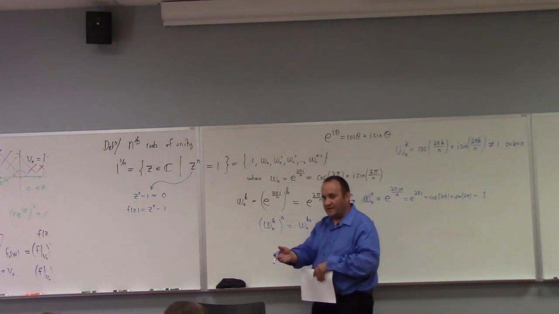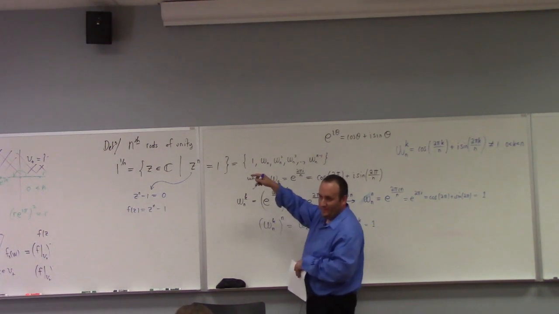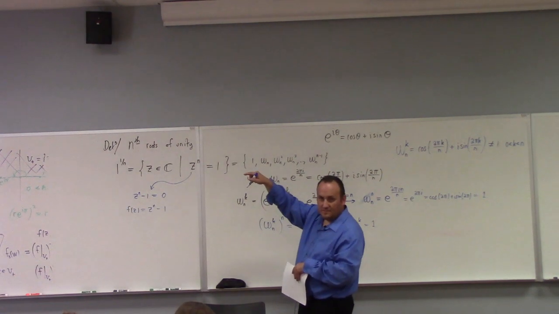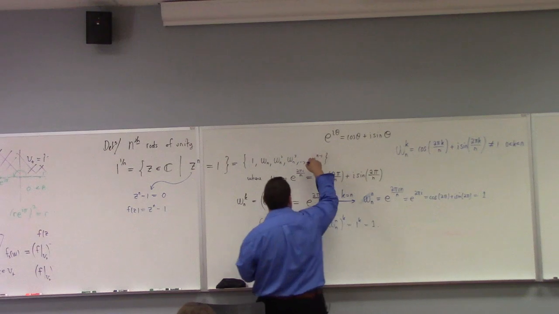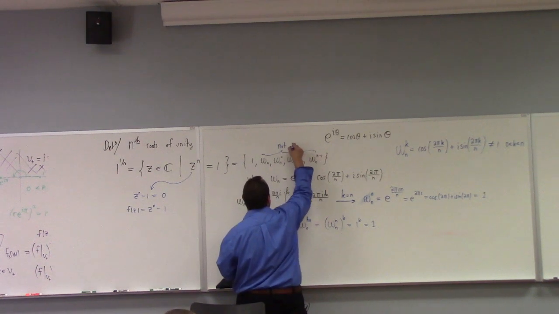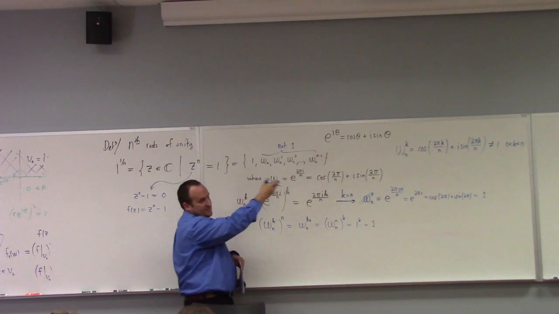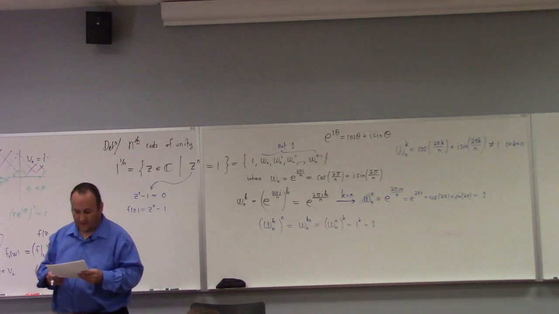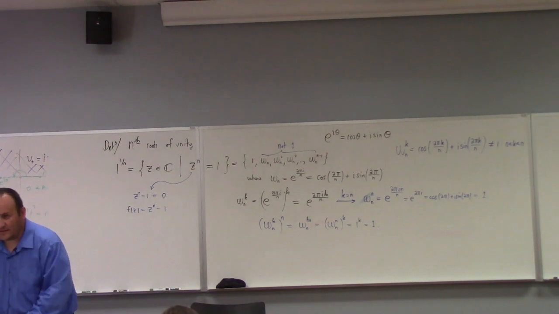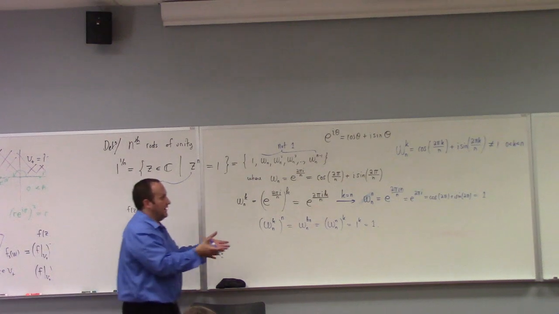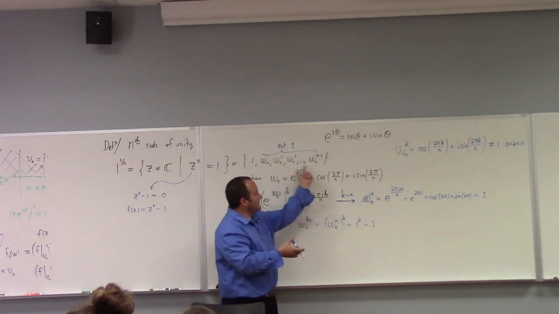But that's great. But that doesn't completely show that these are distinct, does it? If we want to be picky, what does that show? That shows that these are not 1, right? That's not a wrong thing that I said in the notes, but I don't think it's immediately obvious that that proves that there are n things there, because how do you know that there's not a repeat in this list?